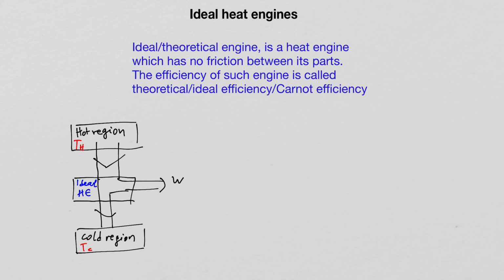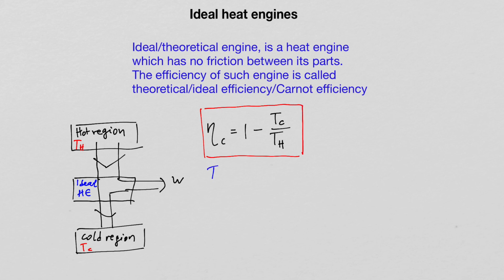So then the theoretical or ideal or Carnot efficiency, eta C, is defined as 1 minus the ratio of the temperature of the cold region to the temperature of the hot region. This is calculated by converting the two temperatures to Kelvin. So TC and TH must be in Kelvin.